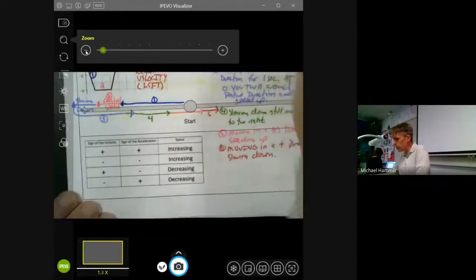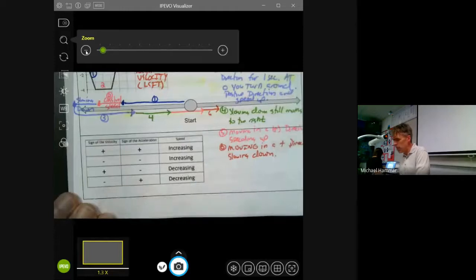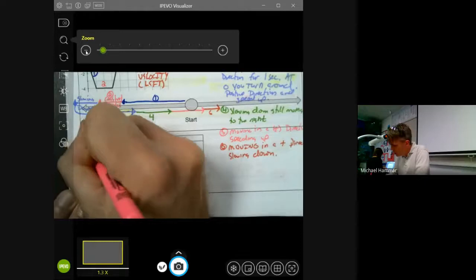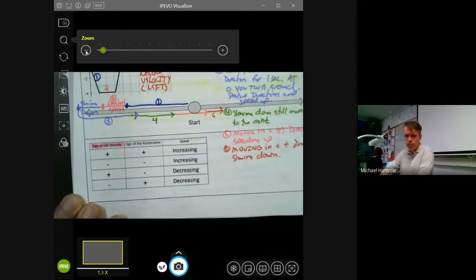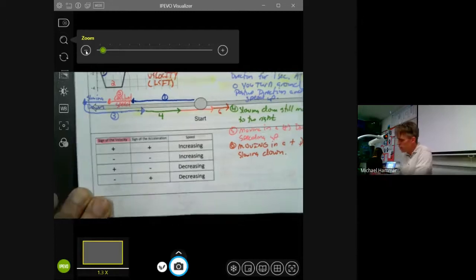Now, I do want to put kind of something into play here. The final thing that I want to talk about is this thing right here. We always talk about something speeding up or slowing down. So I want you to think about what we're doing with that. If you take a look here, you'll notice at the very top the sign for the velocity graph, but also the sign for the acceleration.